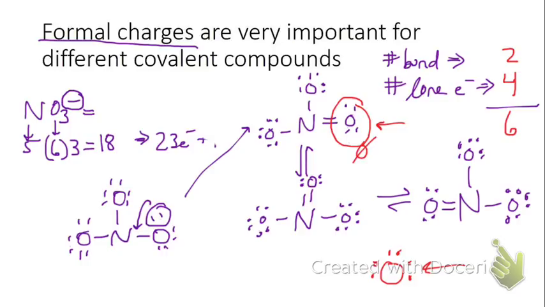Let's check this nitrogen. This nitrogen has 4 bonding electrons, 2 from the double bond and 1 from each single bond. The lone electrons, there aren't any, and so it has 4.